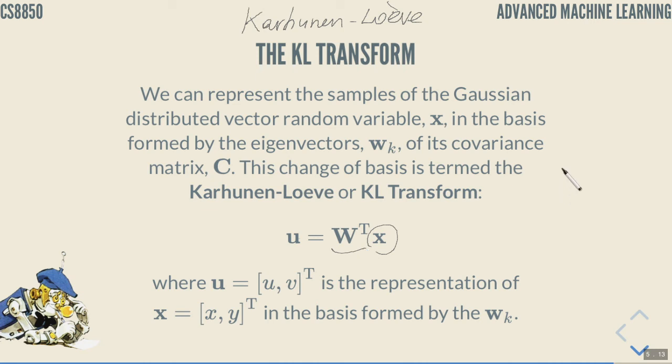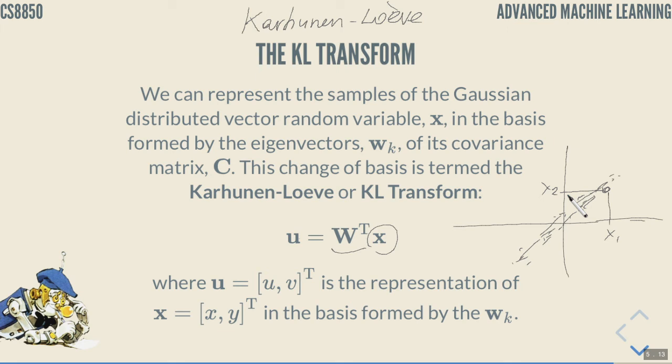For example, what will we achieve by that? Imagine we have this narrowish covariance matrix. So there is a point somewhere here, and it's expressed by x1, x2 coordinates in the canonical basis.